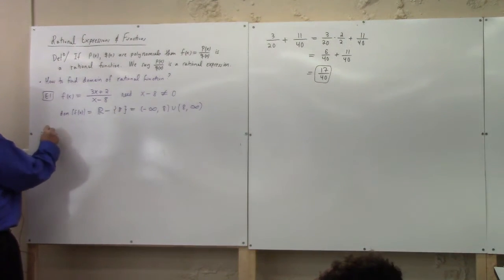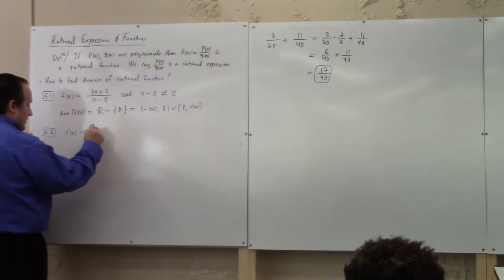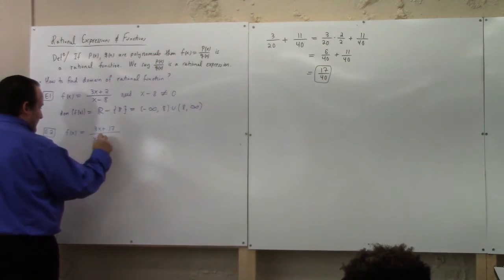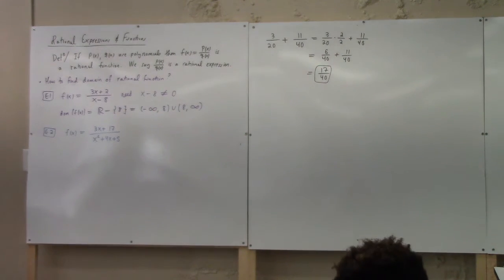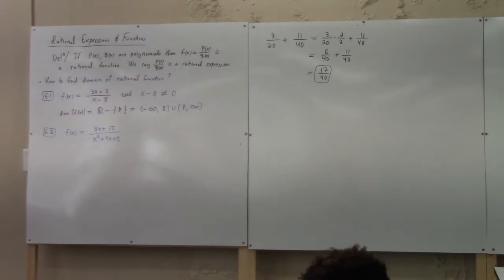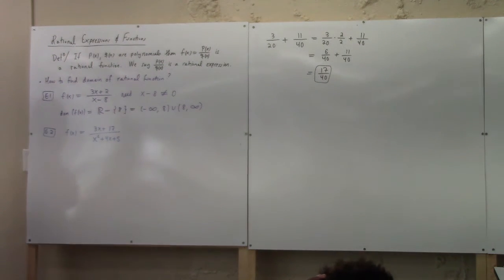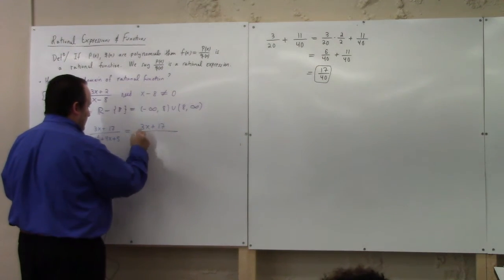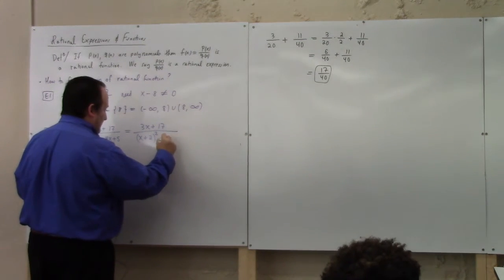Example 2. Let's see here. What if we had f of x equals 3x plus 17 divided by x squared plus 4x plus 5? What did we learn in the last part of the course? We learned how to complete the square, right? So we can complete the square on that denominator. I'm going to go ahead and do that. So we've got 3x plus 17 divided by x plus 2 quantity squared plus 1.